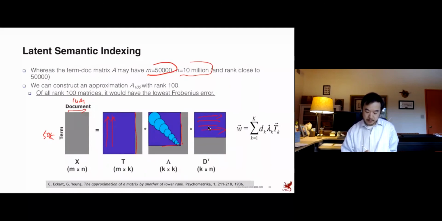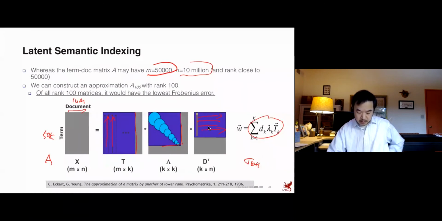This subset of the eigenvectors and eigenvalues will be able to reconstruct the original input matrix A. And we know that the error is defined by sigma k plus 1.